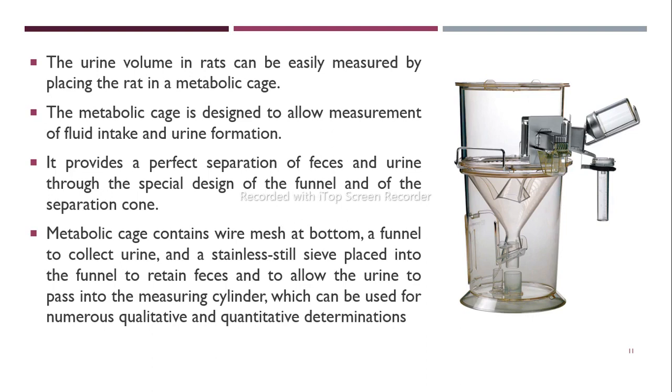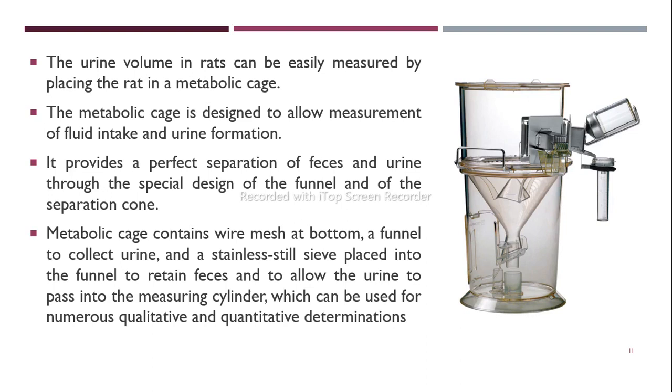The metabolic cage is designed to allow measurement of fluid intake and the urine formation. It provides a perfect separation of feces and urine through a special design of the funnel and of the separation cone. It is not that the rat will only urinate, it will also defecate.